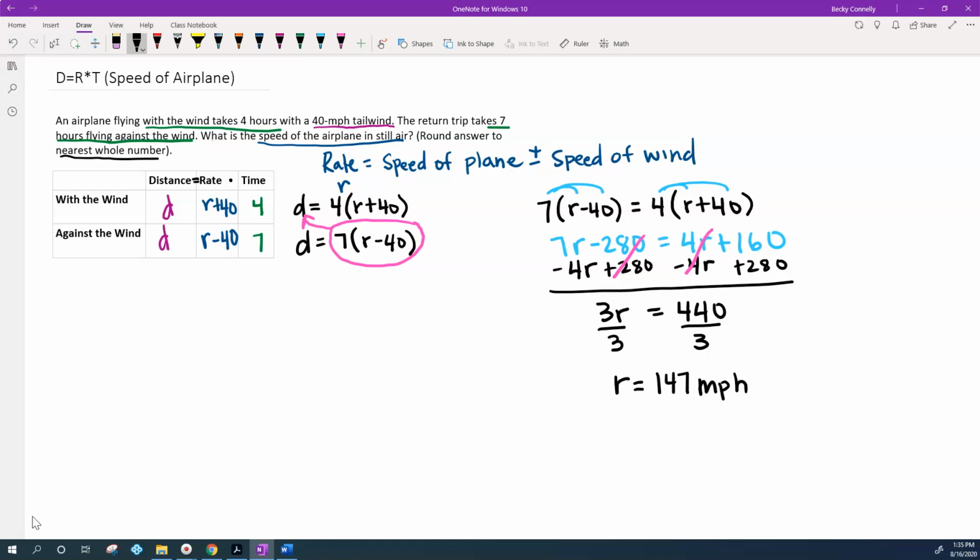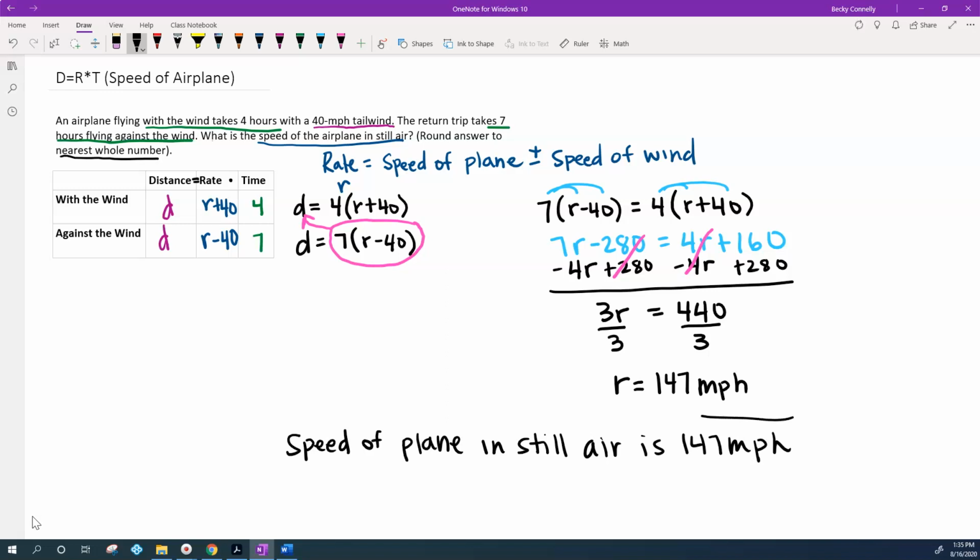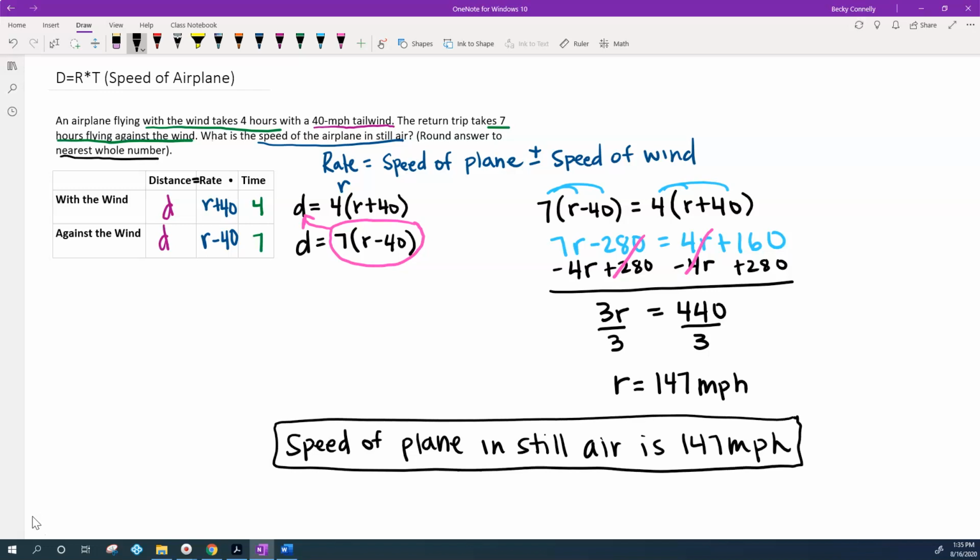Or in words, I can say the speed of the plane in still air is 147 miles per hour. All right, so that's if there wasn't a headwind or a tailwind, it would be going 147 miles per hour.